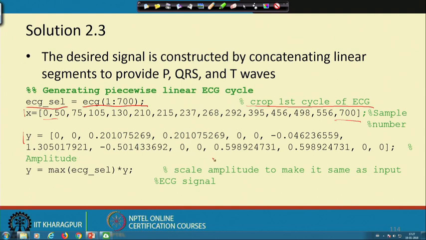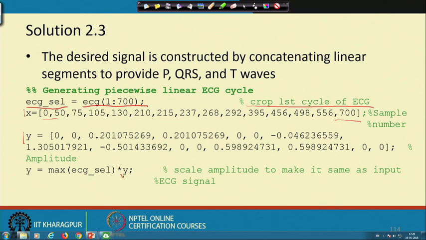However, here one difference is there, that the magnitude what is shown here is normalized. So, we do not get actually these values to the scale. Now, to convert these points, to take it to the scale, what we need to do?